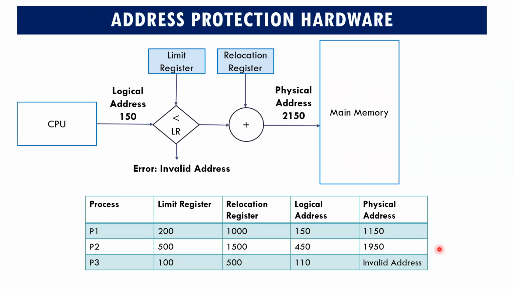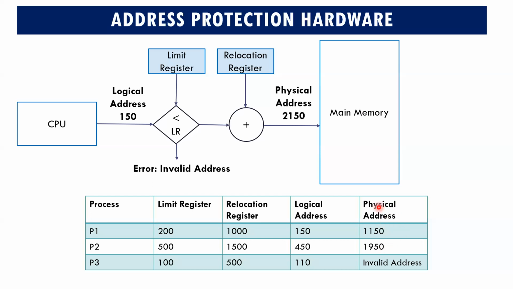Now let us consider an example where we have a set of processes P1, P2 and P3, and these are the limit register values 200, 500 and 100 for each of these processes. If you look at the relocation register values, they are 1000, 1500 and 500. And this is the set of logical addresses for processes P1, P2 and P3.